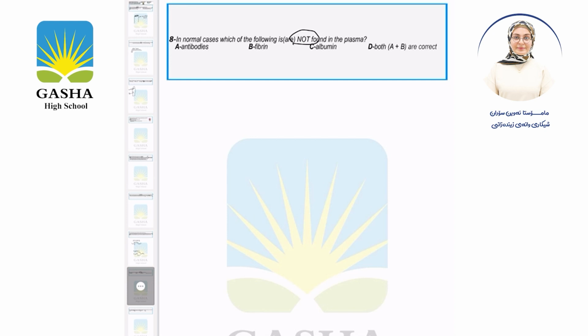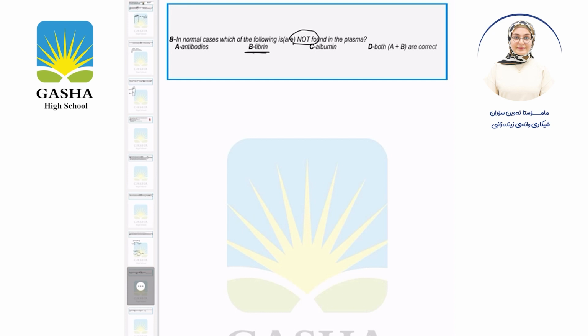So actually, B only appears during an injury, when we cut our hand or any injury happens. C, albumin. Albumin is a special protein found in the blood all the time. Its function is regulating the osmotic pressure, so it can always be found.